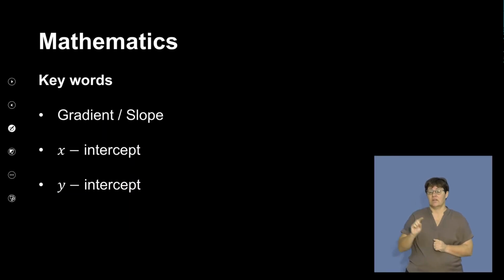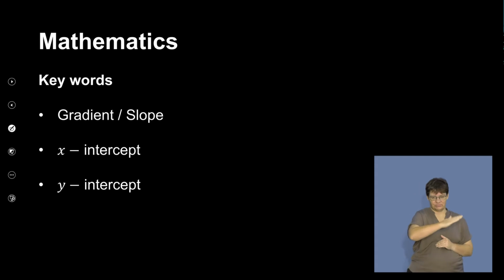The very first keyword will be what we call a gradient. Now I've put slash slope. Why I'm using the word slope is because the gradient is actually the slope of a line, right? But we're not going to be using the word slope whenever we continue with our curriculum of maths. But to explain what a gradient is, I'm going to use the word slope for you.